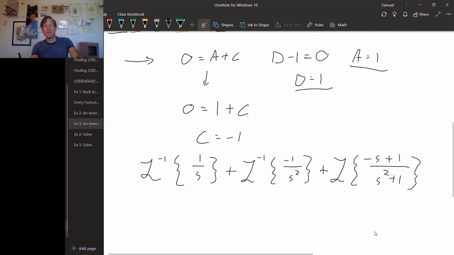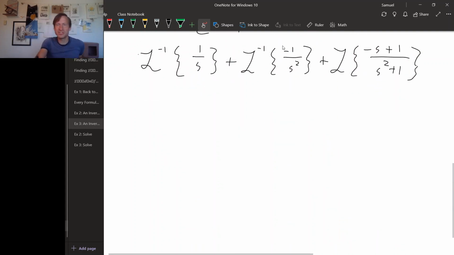Okay, so finally we have the partial fractions decomposition. Now we just need to finish off setting things up for our inverse Laplace transform.